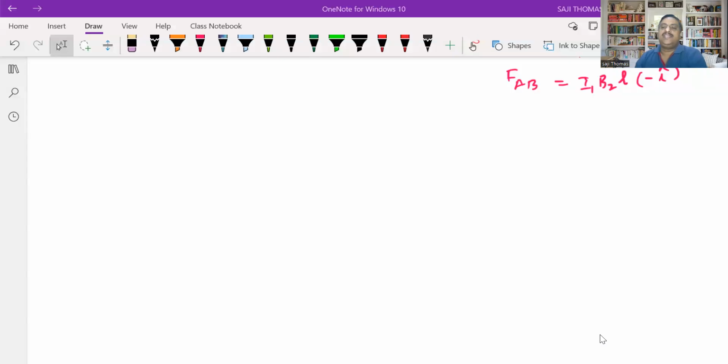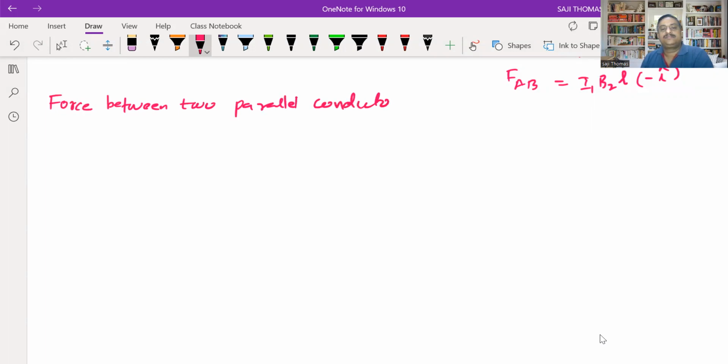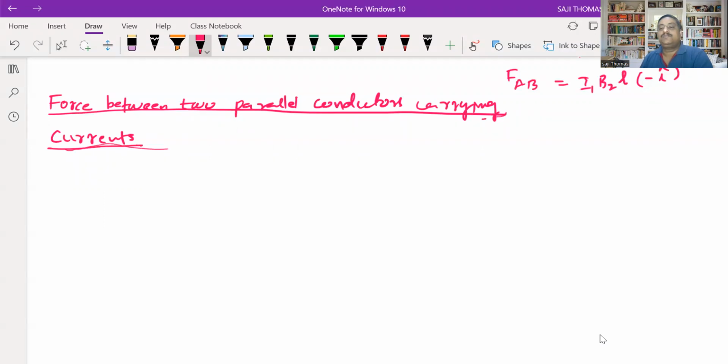You already know the equation for the force acting on a current-carrying conductor placed in a uniform magnetic field. When a conductor carrying current is placed in a magnetic field, it will experience a force.